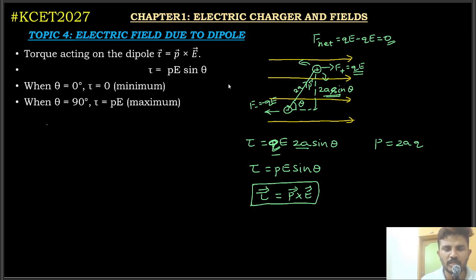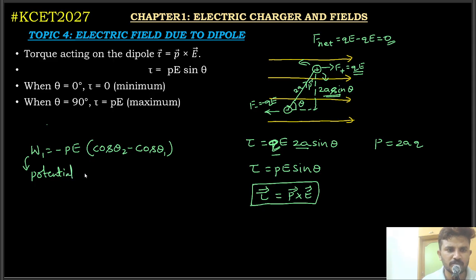So the work done to rotate the dipole from theta 1 to theta 2 is given by minus P E into cos theta 2 minus cos theta 1. Okay, and this work done is stored as potential energy.